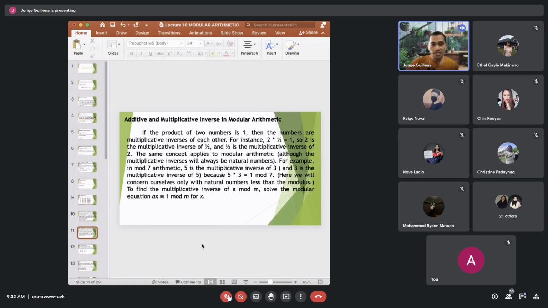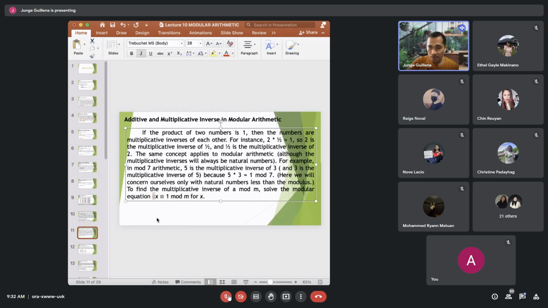So for example, in this case, you'll have to consider this form, no? a times x is congruent to 1 modulo m. So take note, kaning 1 diri mao na atong remainder, that integer b, mao na atong remainder in the congruence form. Okay? So you have to find x. This a is given. You don't worry about that.